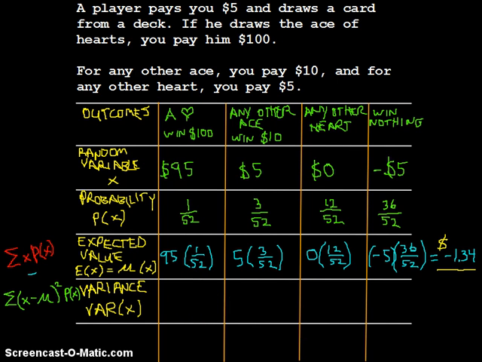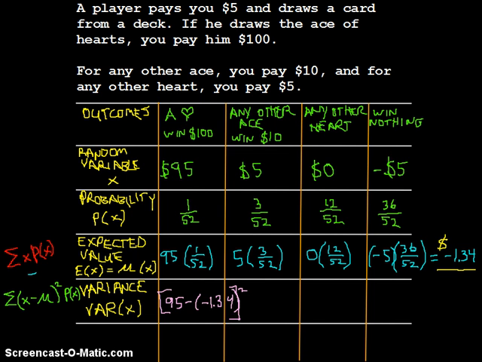Let's take a look and see what I mean. So in this case, for this first one, we'll take our x value. Our x value is 95, so we'll do 95. And then we will subtract our mean, which is negative 1.34, so minus negative 1.34. And then we'll take all of that and we'll square it, all of this stuff.